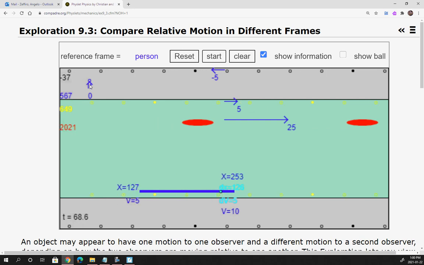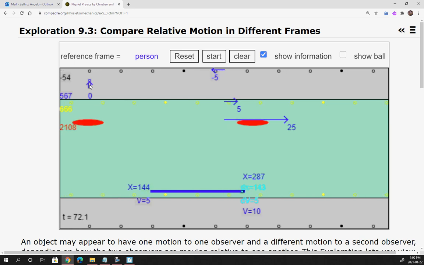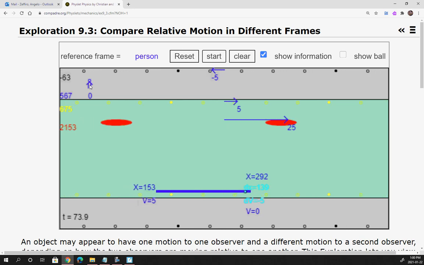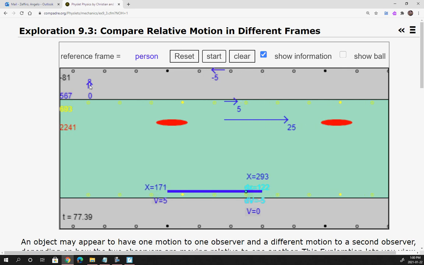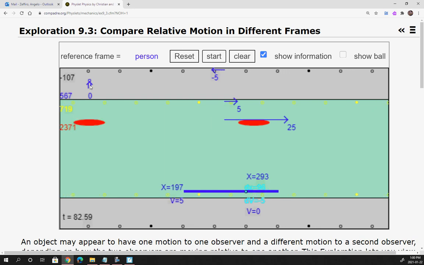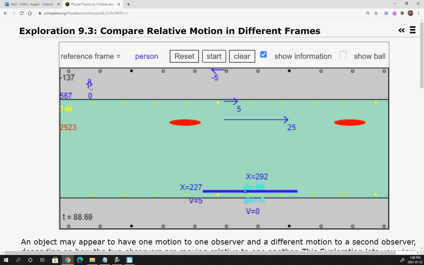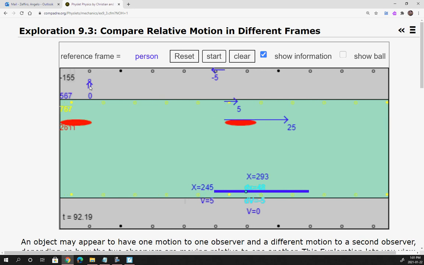Look at the top of the screen here. The ground is moving backwards away from me at -5 meters per second because that's what things look like when you're moving forward. It looks like the background's moving backwards towards you. The river's still moving forward, but not as fast anymore. It's only 5 meters per second. The boat is moving forward 25 meters per second now, not as fast as the person watching it on the park bench. So that's another point of view that you can have.